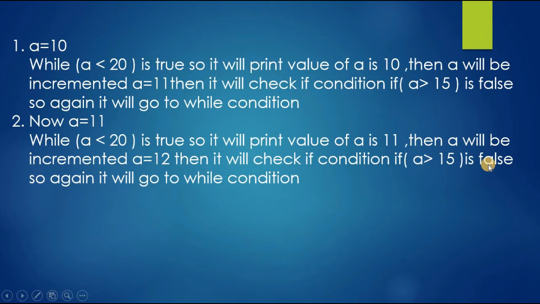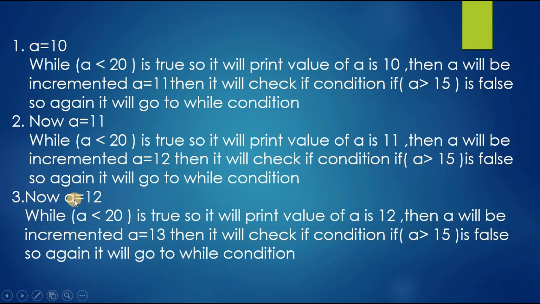So again it will go to the while condition, and now we have a as 12 and a less than 20 is true, so the value of a will be printed as 12, then a will be incremented. So now a is 13, then it will check the if condition, if a is greater than 15 is false because 13 is less than 15.